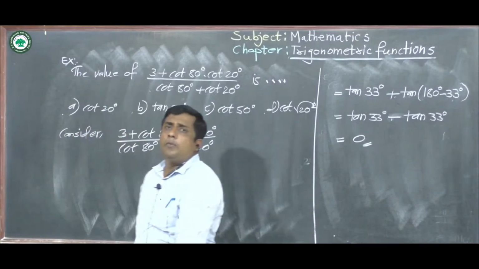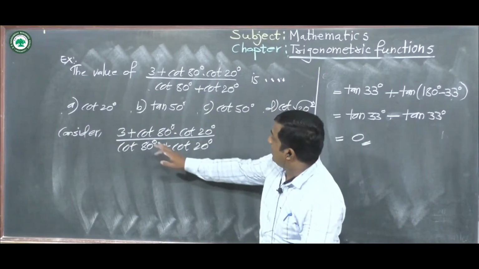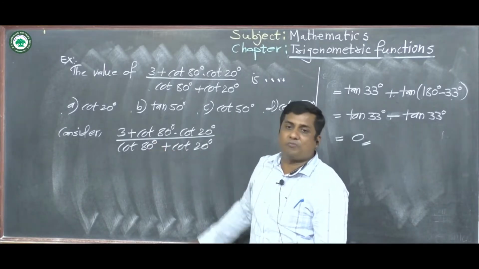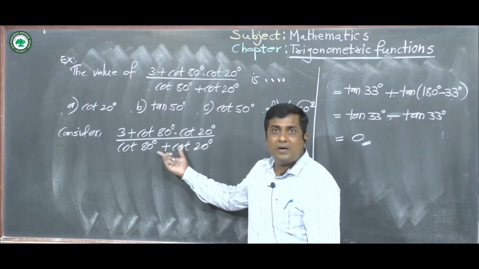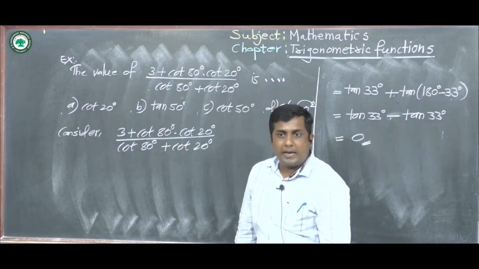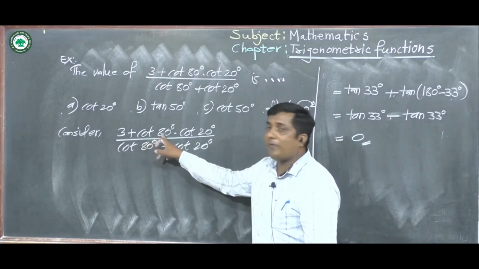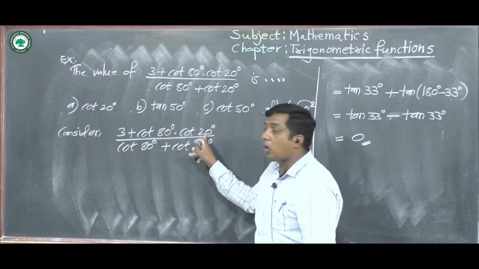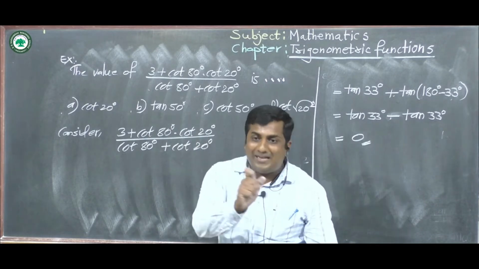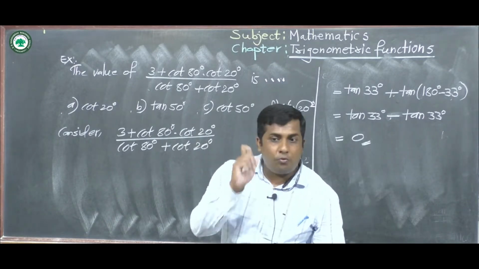Firstly we convert this expression into its simplest form. To do this, we write cot 80° as cos 80° upon sin 80°, and cot 20° as cos 20° upon sin 20°.